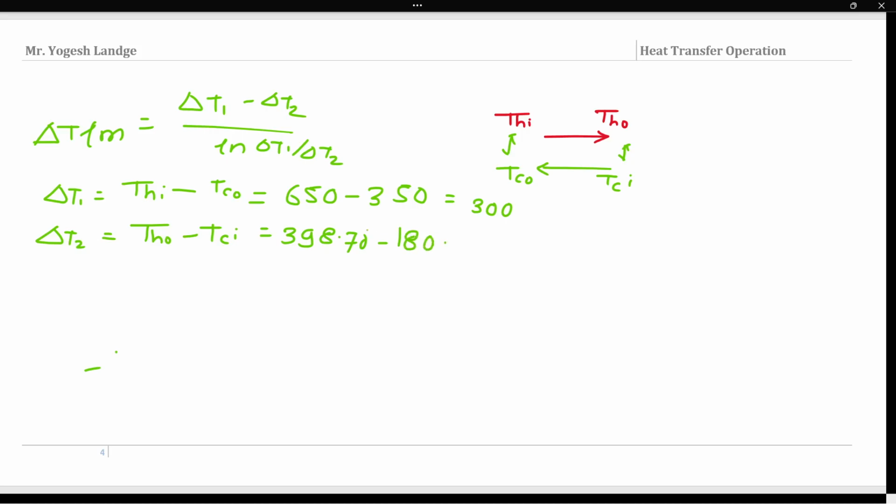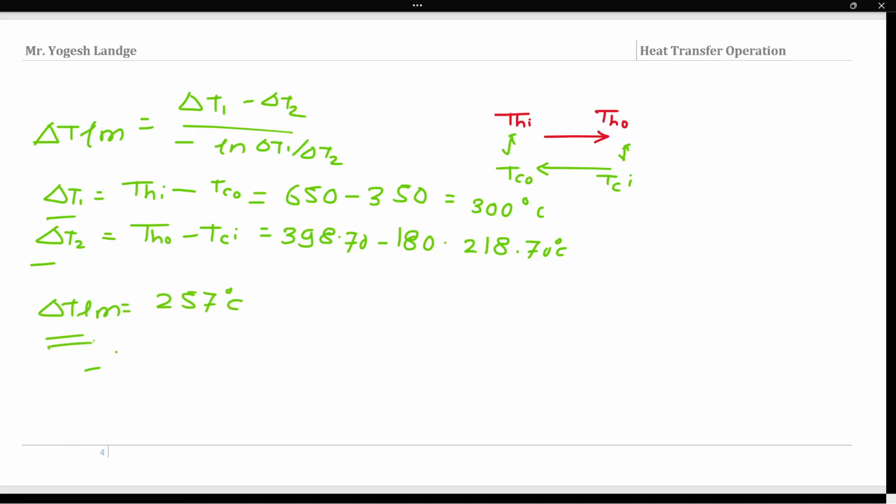So that is the delta T2, which is around 108.70 degrees Celsius. We put the values of delta T1 and delta T2 here, and we got the value of delta TLM, which is around 257.